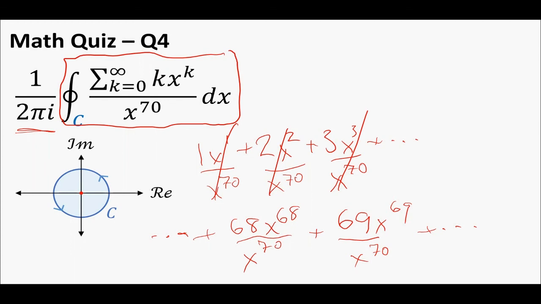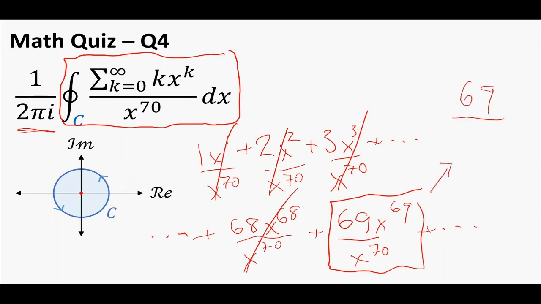Even the 68 term will go to 0. The only term in this whole series that will pop out any number other than 0 is this term, because it reduces to 69 over x. If you do that integral, with a little dx right there, this is going to equal 69 times 2 pi I.